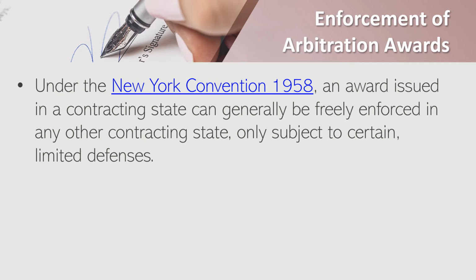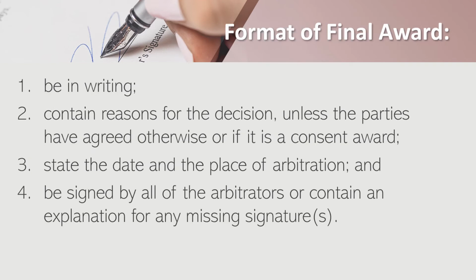So they can implement the award, they can apply the award, as long as it does not contradict the national law or the governing law of the state. The documentary format of the final award varies according to the institutional arbitration center.